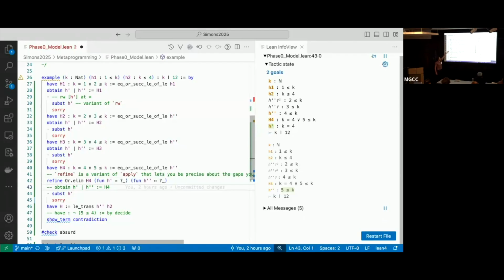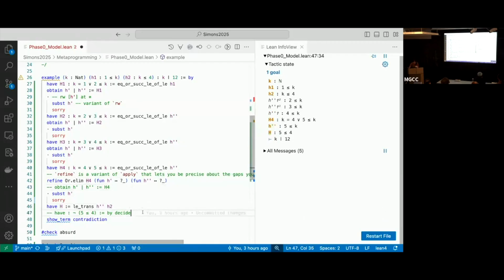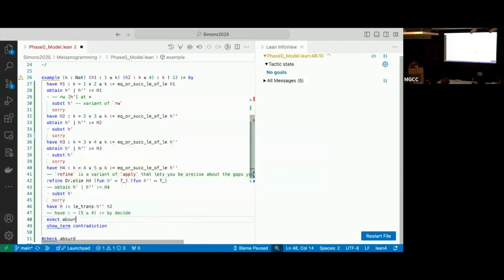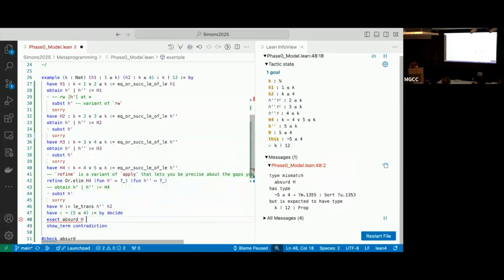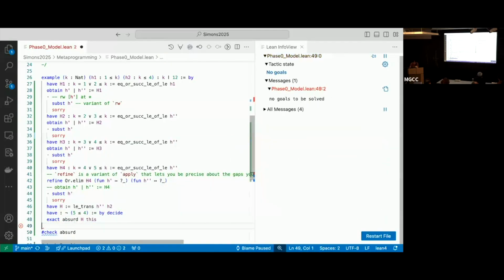And we'll sort of need to, in order to write a tactic, just like we sort of unwrapped what contradiction is doing, maybe I'll write that here. Contradiction is really doing exact, absurd, H, and then this thing here. So that was really doing contradiction.